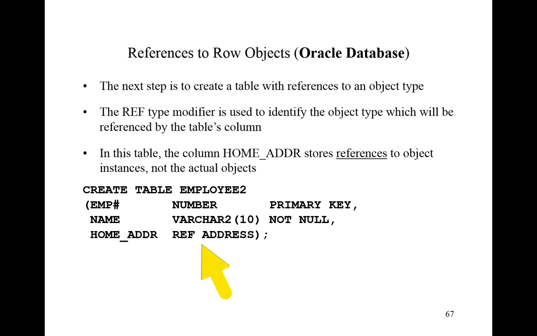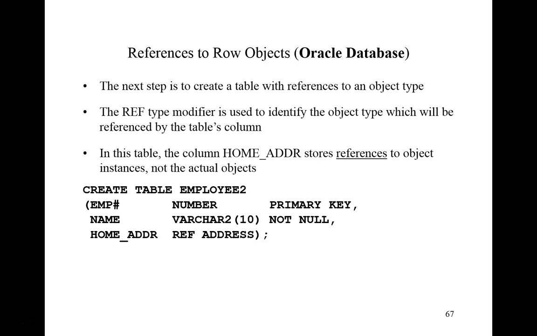The ref type modifier, or the ref operator, is used to identify the object type which will be referenced by this relational table's column. Here, the column is referred to as home address. It stores references to address objects. It does not store the actual objects themselves. Those are going to be stored elsewhere in an object table.